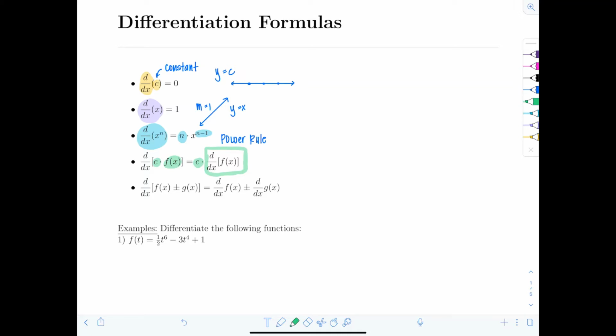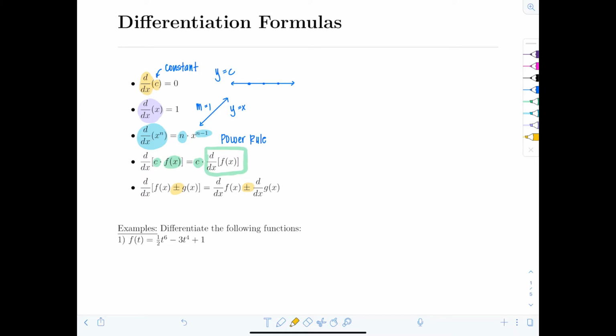And then the last rule that we have is if you differentiate a sum or difference of functions, you basically just differentiate term by term across the sum or difference and add or subtract the results together. All right, we're going to add to this list, don't you worry, but this is enough to get us going for this section here.